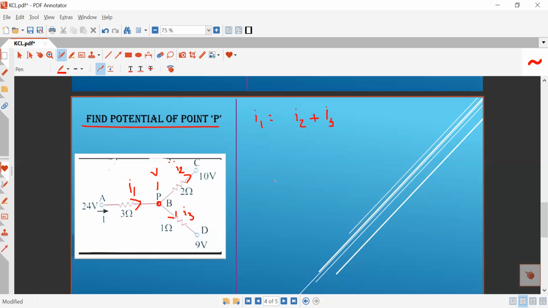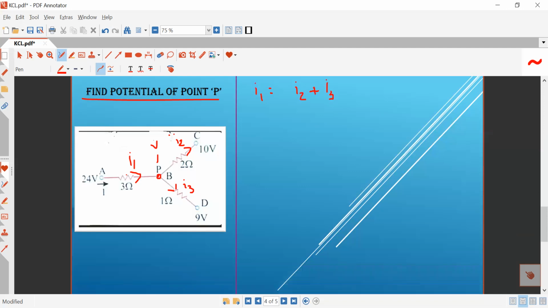And now what will be the value of I1? According to Ohm's law, if the potential of this point is 24 volt and the potential of this point is V, then according to Ohm's law, the current is potential difference divided by resistance of the path.